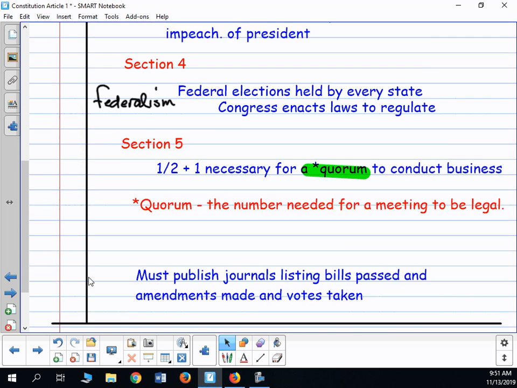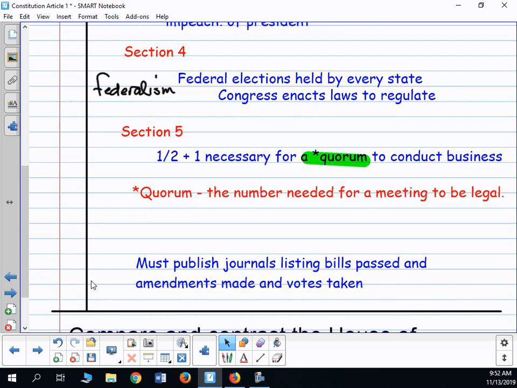All right, Section 5. This has to do with the business of Congress, and it establishes that in order to do business, there has to be a number to make it legal. And for Congress, it has to be 1/2 plus 1, necessary for a quorum to conduct business. Now, if you're an FFA, you know exactly what a quorum is.